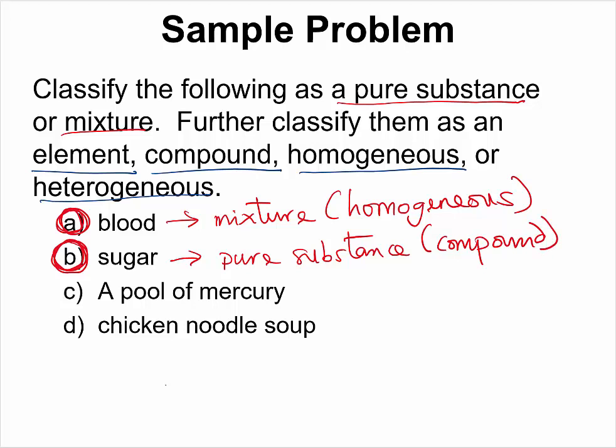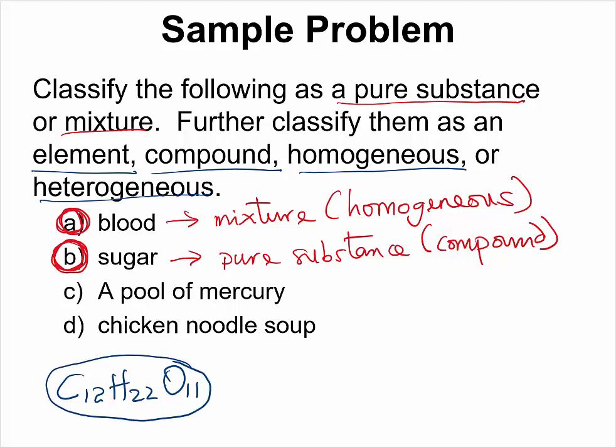Actually, the chemical formula of sugar, which is known as sucrose, is C12H22O11. All these elements are chemically combined together to give sucrose.